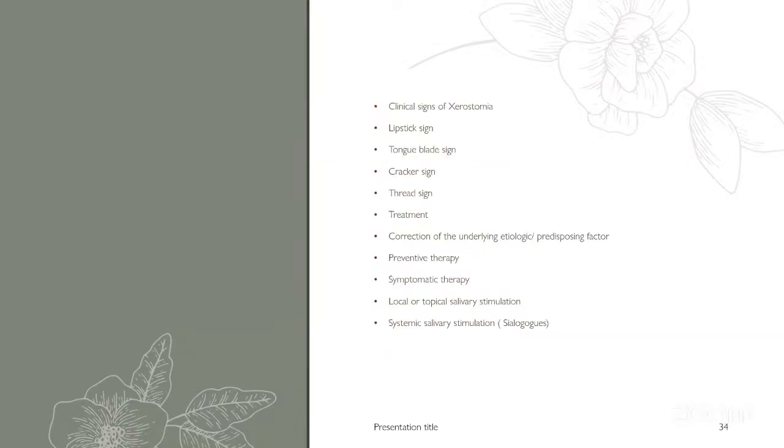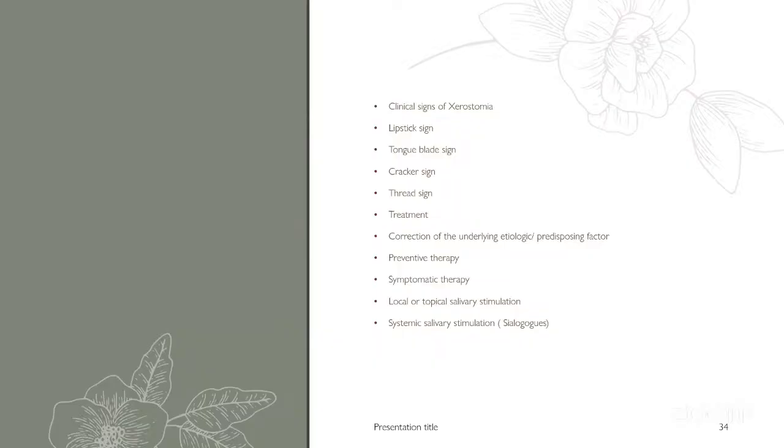Now, there are some clinical signs of xerostomia which can be checked chairside, one of which is the lipstick sign, where if lipstick is applied in xerostomic patients, it will adhere to the labial surface of the maxillary incisors, and this is due to the lack of saliva.